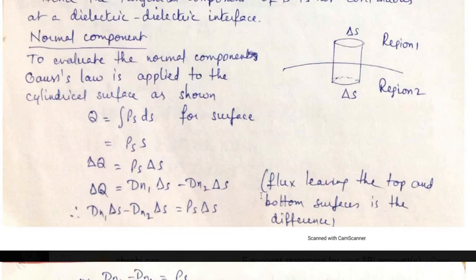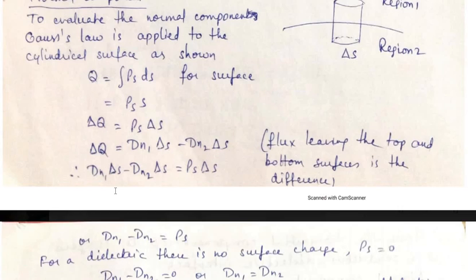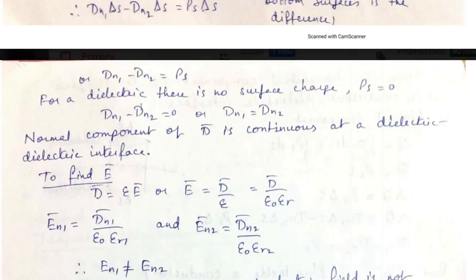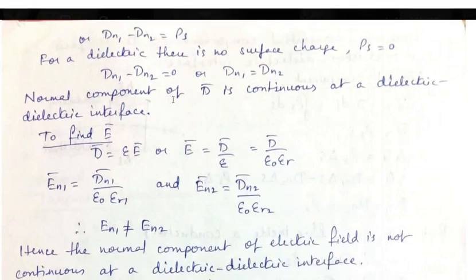So why negative? Because the flux leaving the top and the bottom surfaces is the difference of both of these two fluxes. So equate this with rho s into delta s, or Dn1 minus Dn2 is equal to rho s.